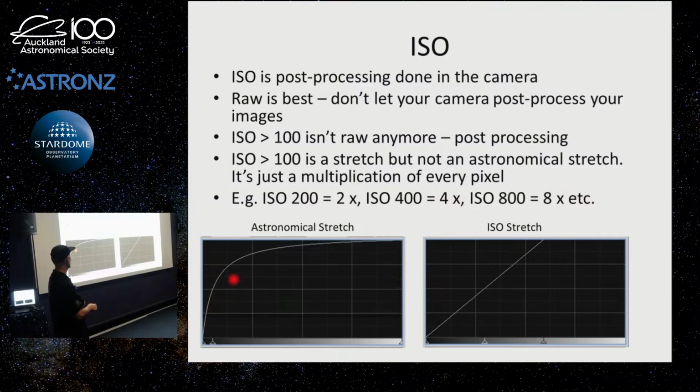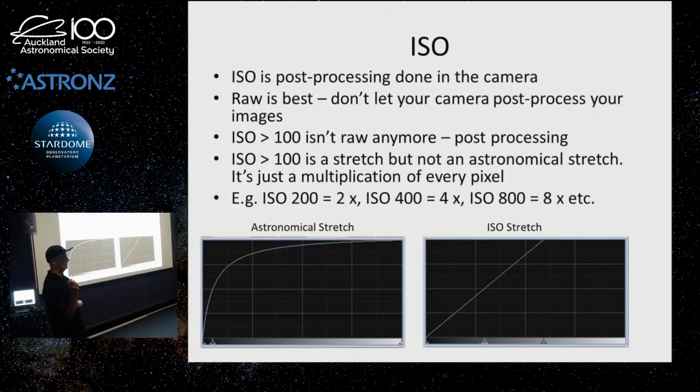But this is an ISO stretch, and so you get clipping at the top. In other words, you lose information at the bright end. So you lose the colour of the stars, and the stars become bloated, they become bigger in size. And something else happens, which I'll explain later on.